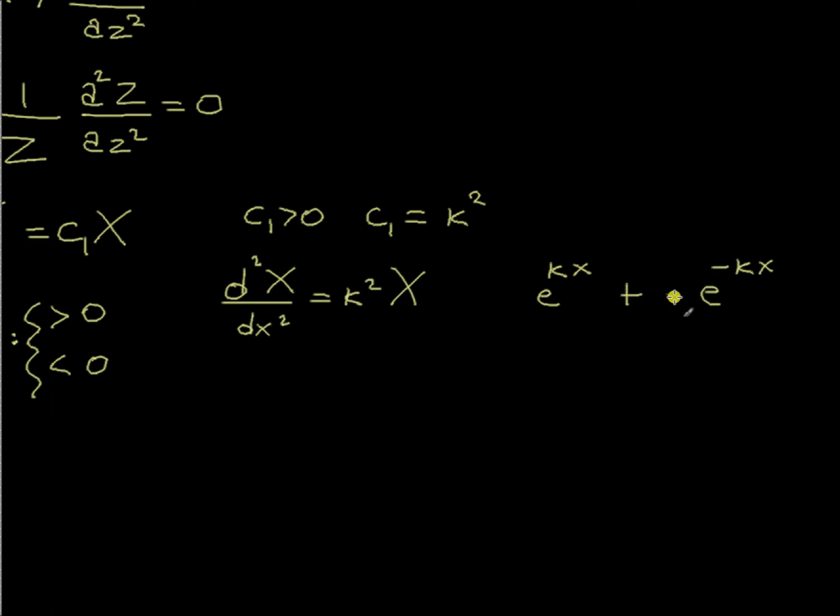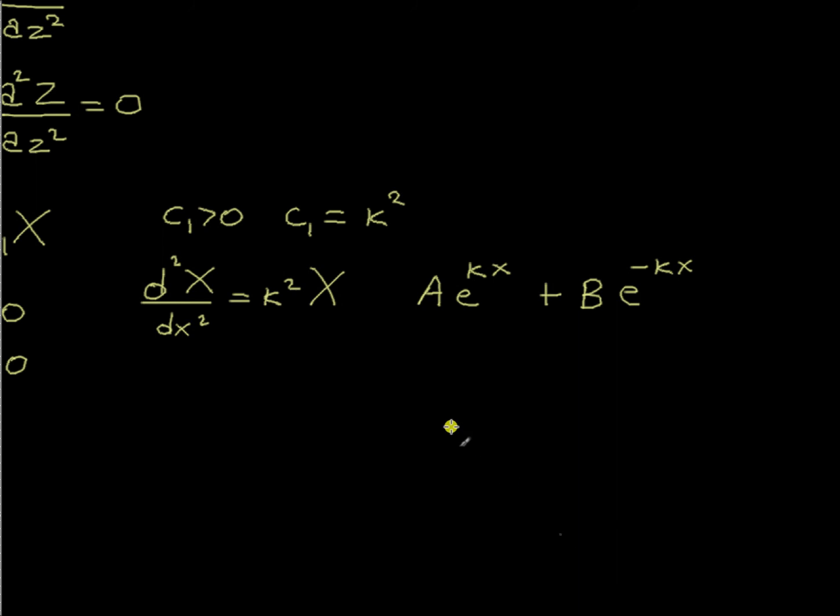This means the general solution to this differential equation is a times e to the kx plus b times e to the minus kx.